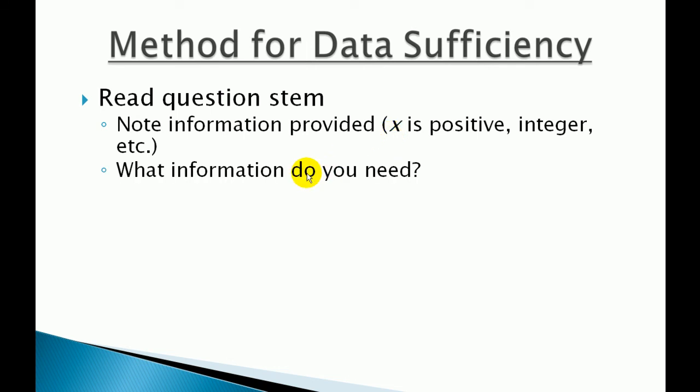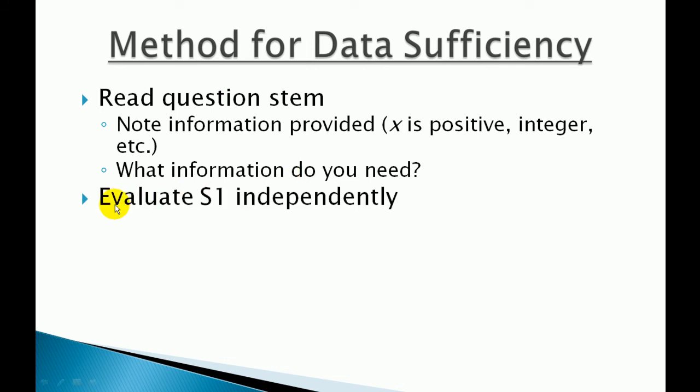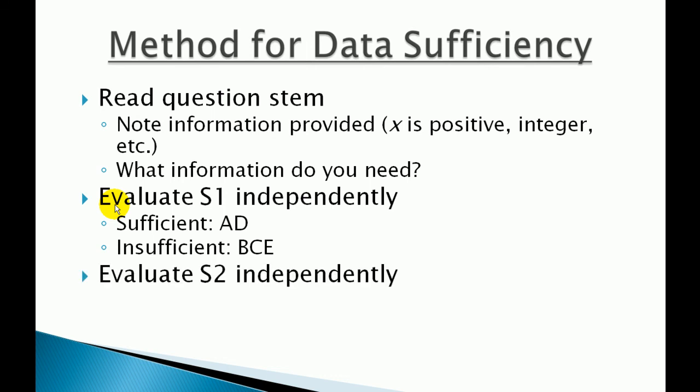And you want to ask yourself, what information do you need in order to answer this question? You'll then evaluate statement 1 independently. And as I emphasized, if it's sufficient, the answer is A or D. If it's insufficient, the answer is B, C, or E. You'll go on to evaluate statement 2 independently. And you may be able to answer the question at this point.